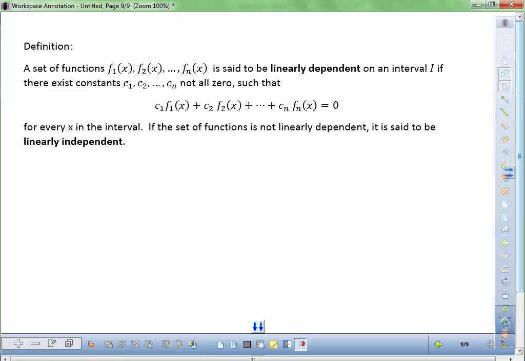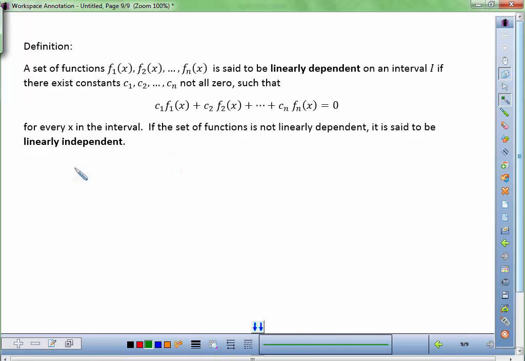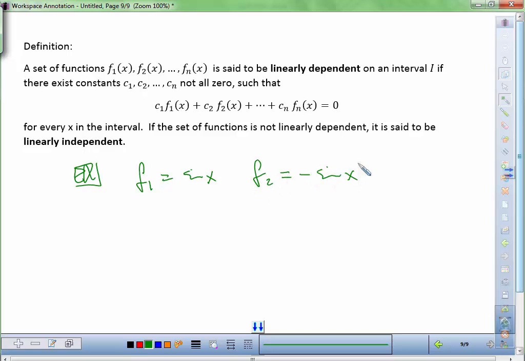Okay, so if f1 was equal to sine x and f2 was equal to negative sine x, we can ask ourselves, are these two linearly independent? I already said they were not. But let's see if we can prove it using this definition.